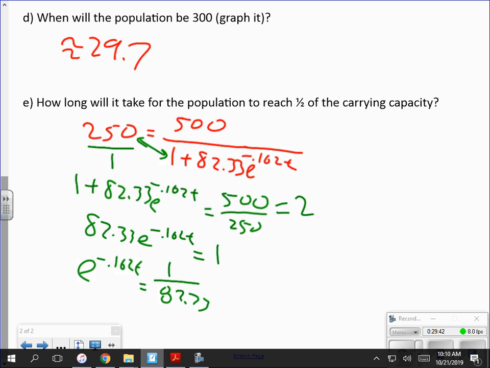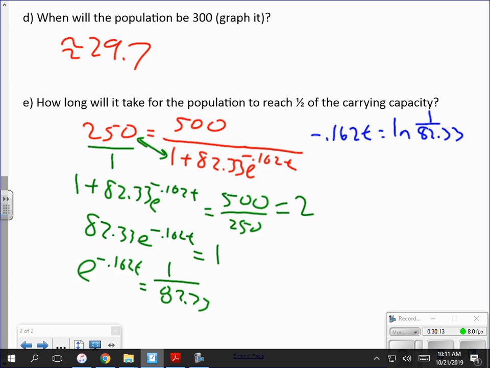Now there's a couple of things I could do. I could take the log of both sides. If I take the log of both sides, the natural log of e to some power is just that power anyways. So I get the power equal to the natural log of that. So that means I have negative 0.162 t is equal to the natural log of 1 over 8.233.